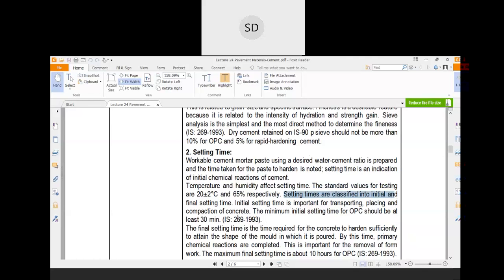Generally, for the cement concrete which we are using for the rigid pavement design, the initial setting time is important because of the transporting, placing, and compaction of the concrete. The minimum initial setting time for OPC should be at least 30 minutes. If it is less, you will have less time to mix and place that concrete.